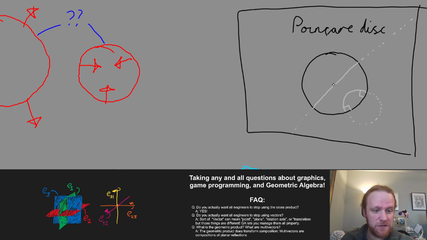It corresponds to a straight line, but this is a large circle in hyperbolic space. Right angle, right angle. So that's also kind of a circle.